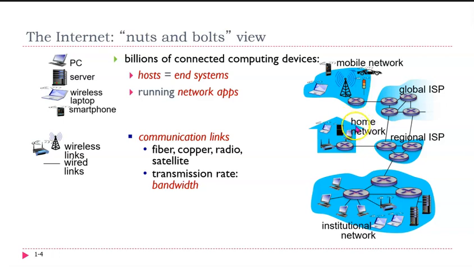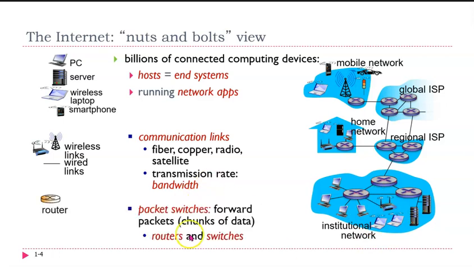We can also call this segment a packet. These packets are sent through the computer network to the destination end system, and at the destination it will be reassembled into the original data.